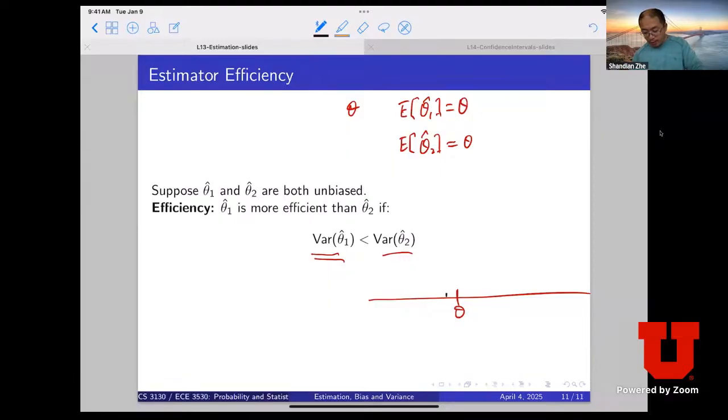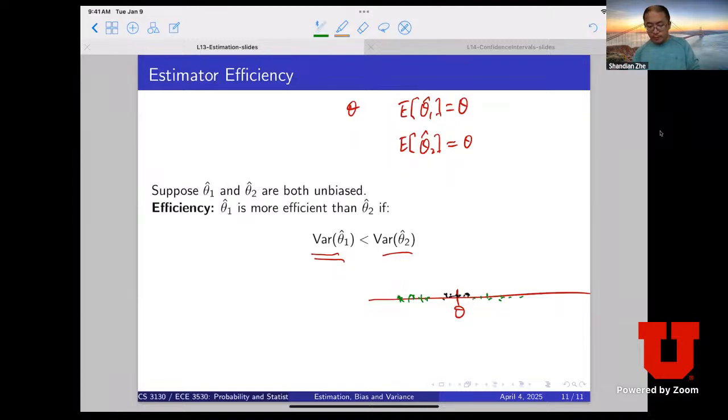But if you look at the variance of theta 1 hat, you may say, okay, this is the range of its variation. But if you look at theta 2 hat, although on average its expectation is still the ground truth, it has a larger span than theta 1 hat.